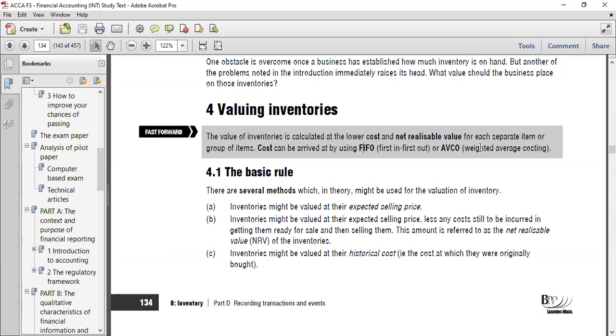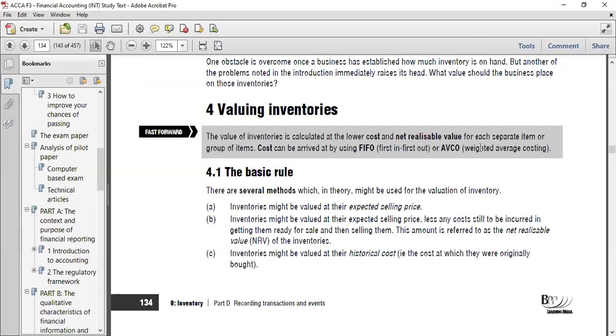Like you cannot bring in something last and it gets out first, because already you have some goods in. So in most cases, we are using FIFO and AVCO. And even when you're preparing for the exam, in most cases, these are the two concepts that the examiner would really want to examine you on.